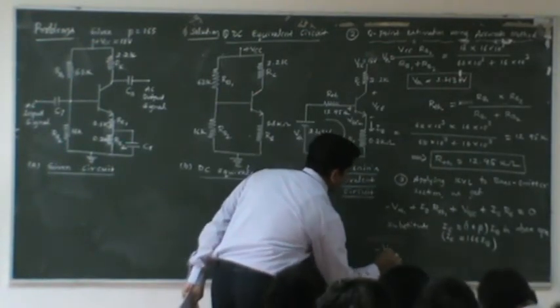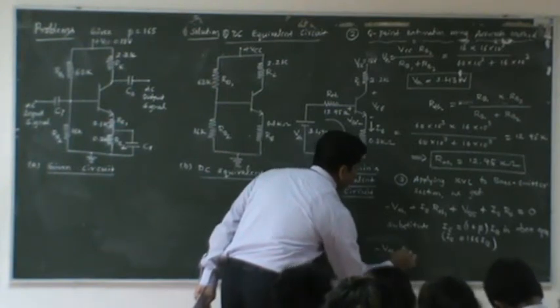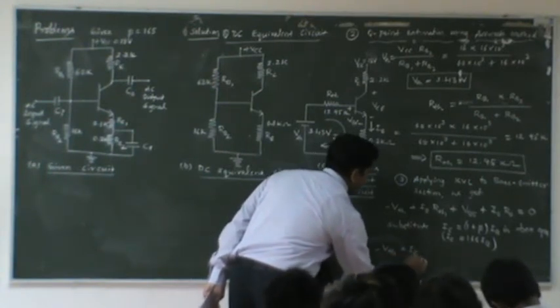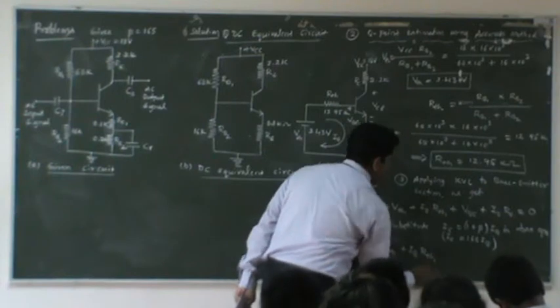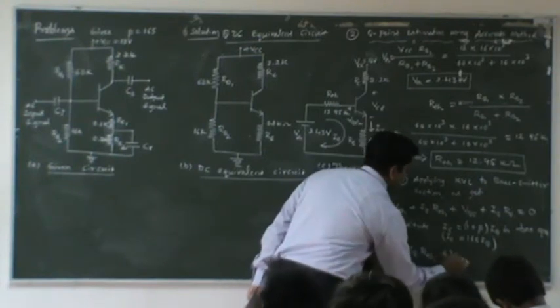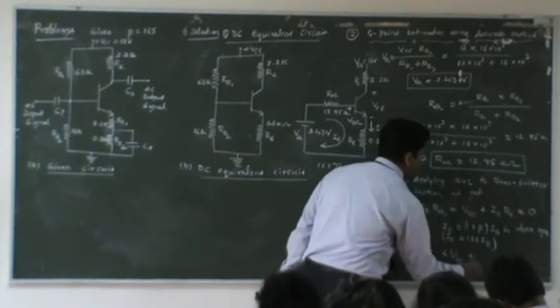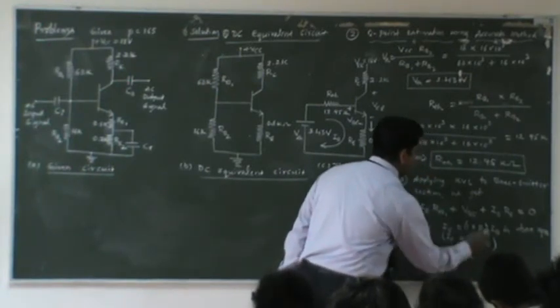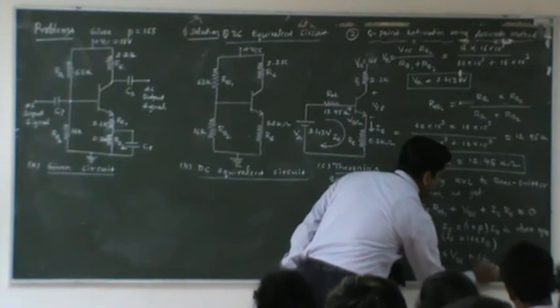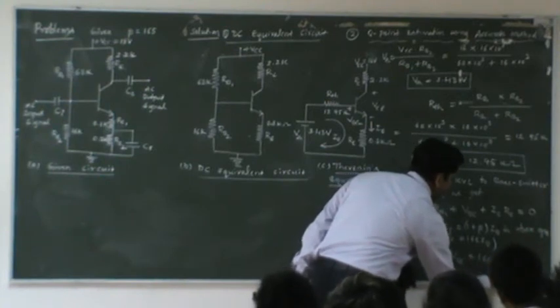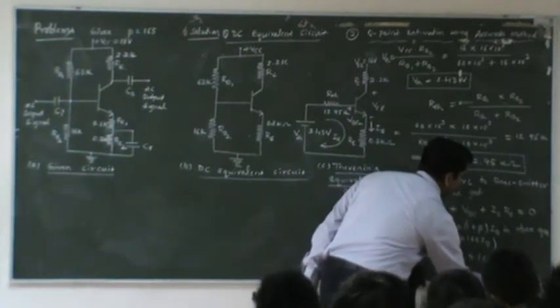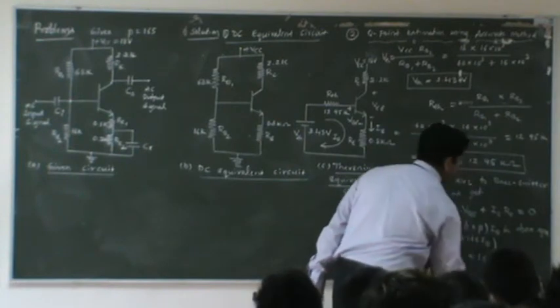So in that case: minus V Thevenin plus IB times R Thevenin plus VBE plus, instead of IE, we have 166 IB times RE, which is equal to zero.